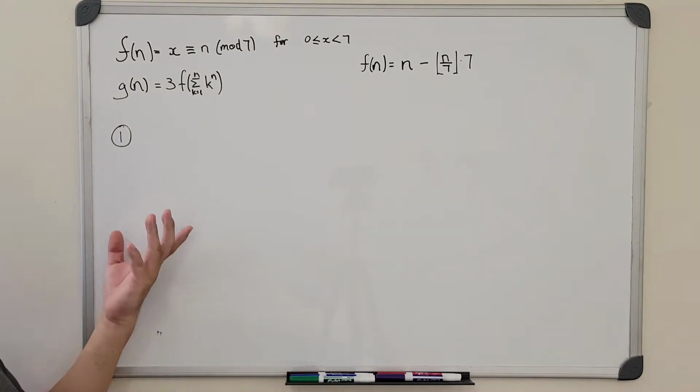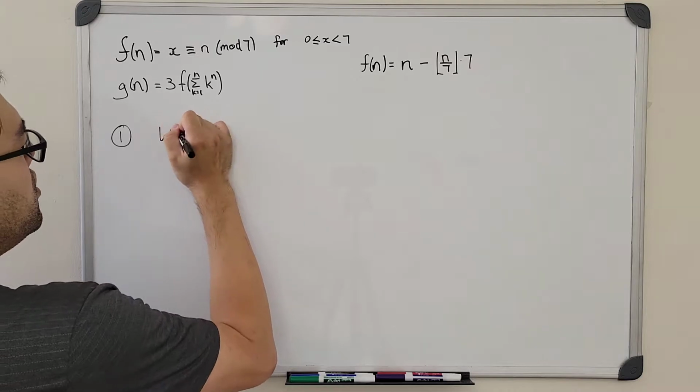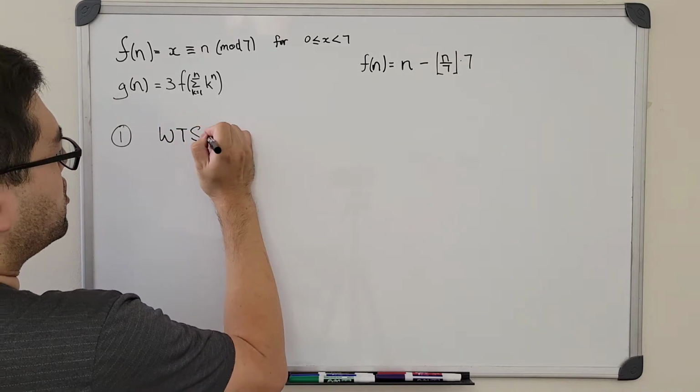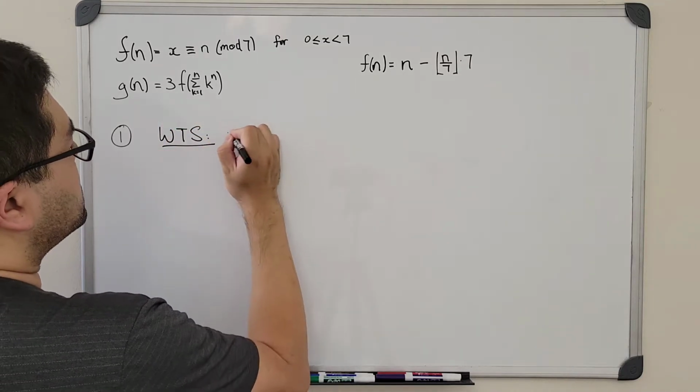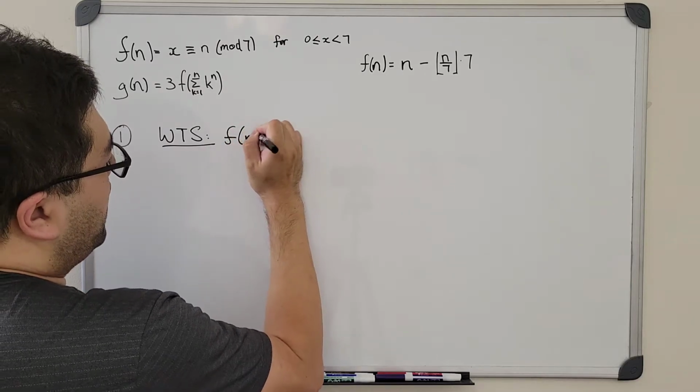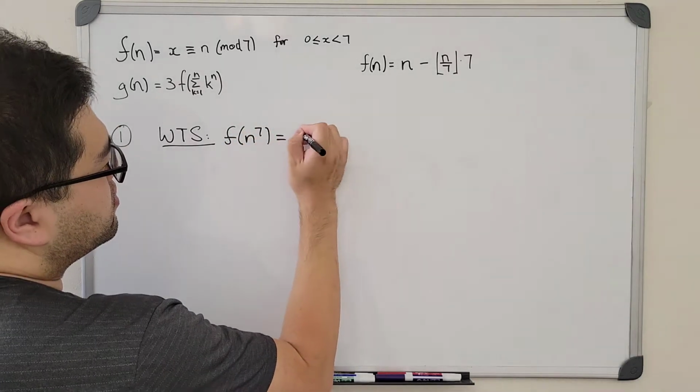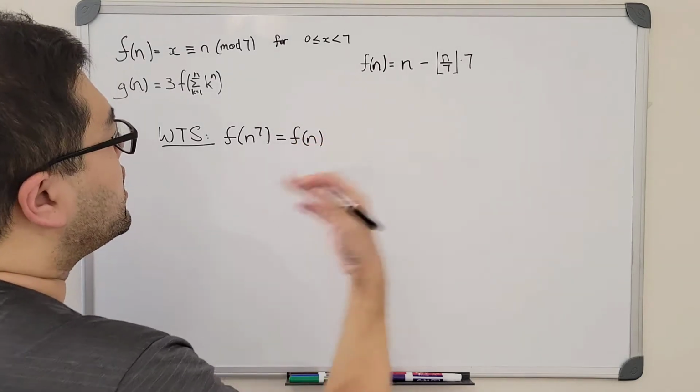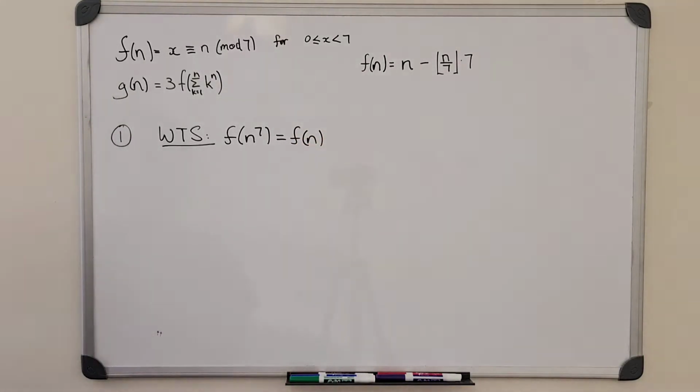So we want to show that f(n) to the 7th power is equal to f(n) for all natural numbers n.